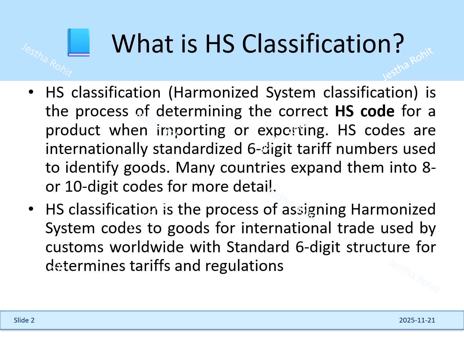HS classification is the process of assigning harmonized system codes to goods for international trade, used by customs worldwide, with a standard six-digit structure for determining tariffs and regulations.